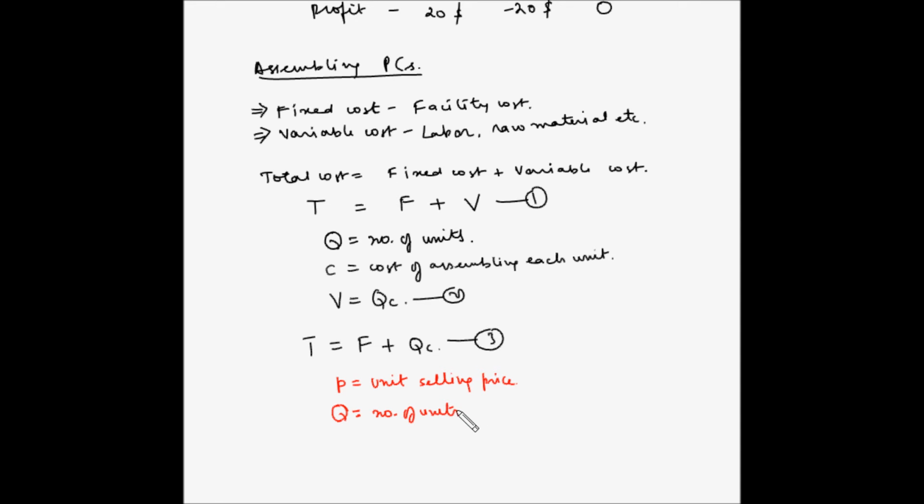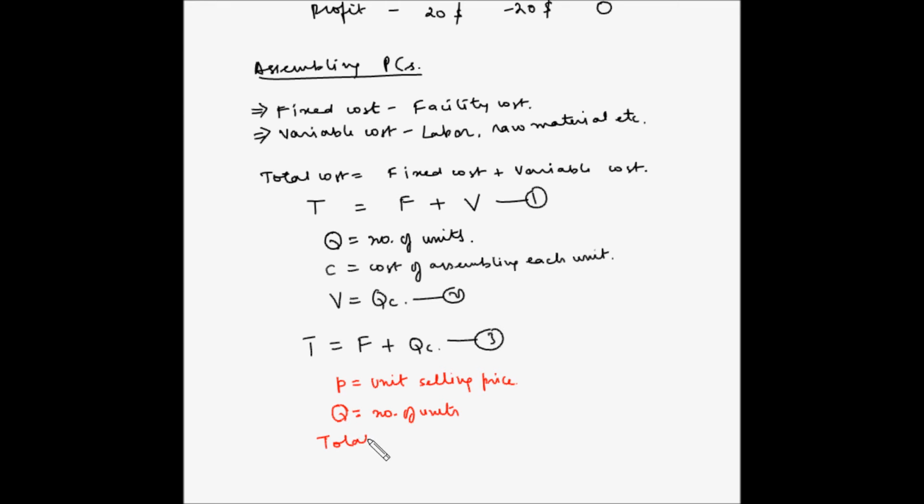So if each of them was sold at a price of P, then the total amount of money received, or in other terms, the total revenue, is P multiplied by Q.